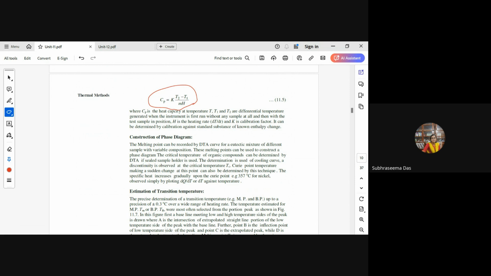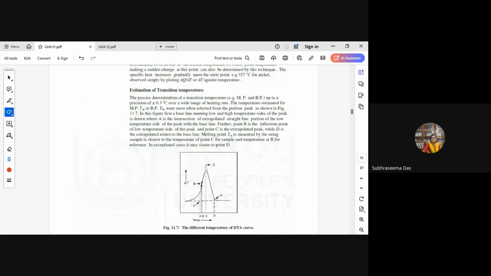The Curie point temperature suddenly changes at this point, and it has been determined by this technique. So a phase diagram can also be constructed using DTA curves, and it has also been helpful in the determination of critical temperature, that is Tc.